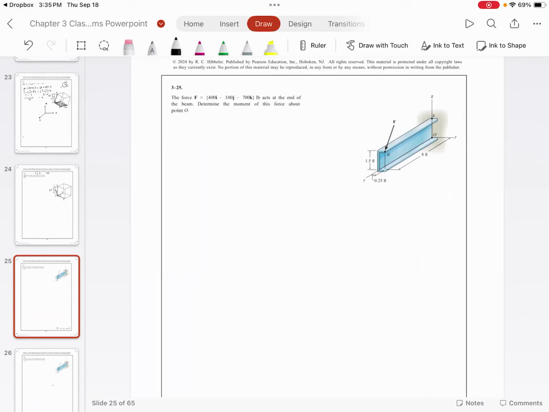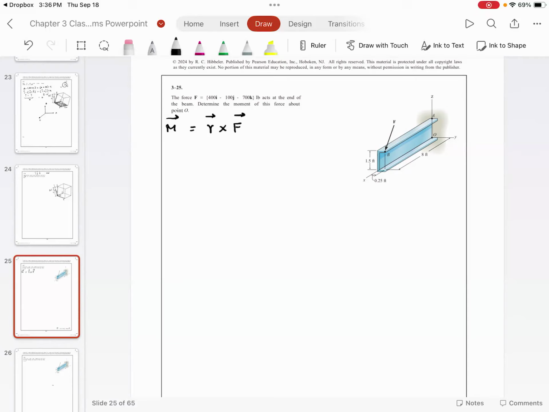Remember the equation that I spent a significant amount of time on, R cross F is equal to moment, where moment is the cross product of vector R, which is the distance, and the force. Both of them need to be expressed in the same and consistent coordinate system.